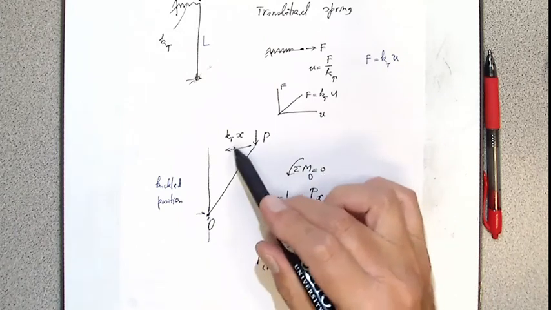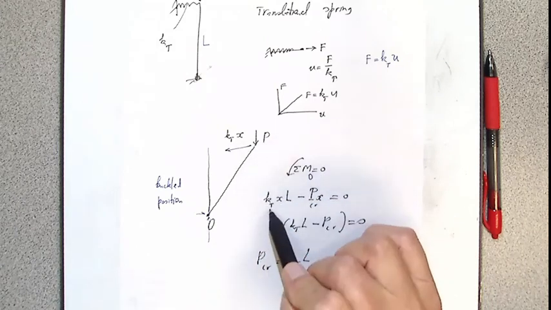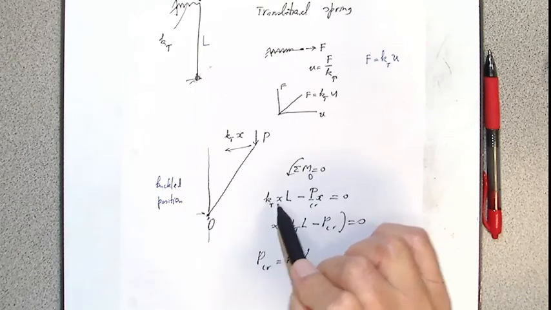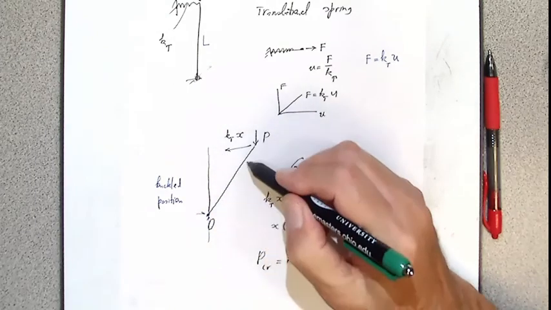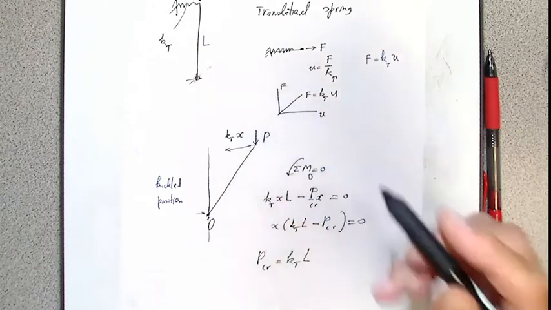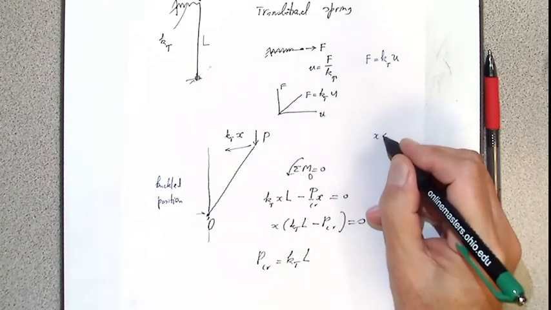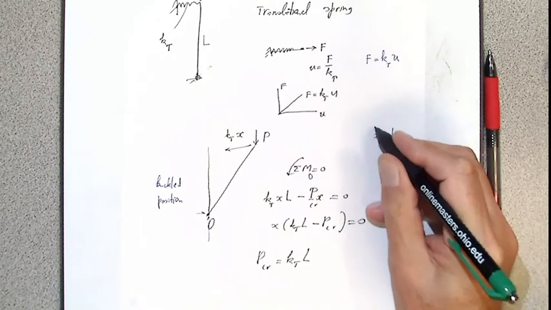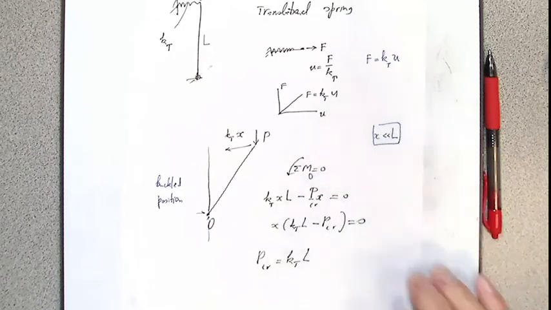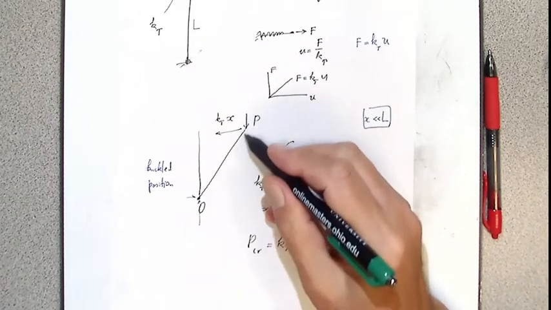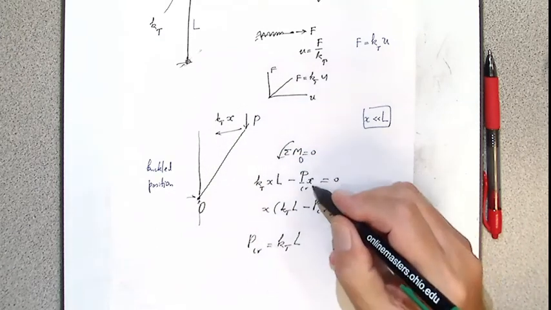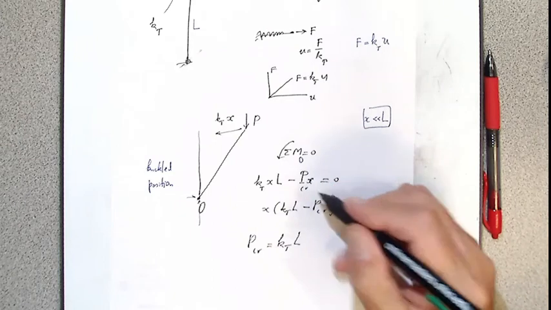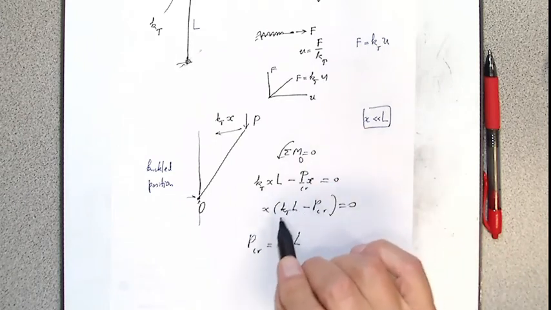So the load will be K translational X, and approximately this is length, because this is a small displacement. X is very small, much smaller than length. And P critical is multiplied by X. X can be taken out.